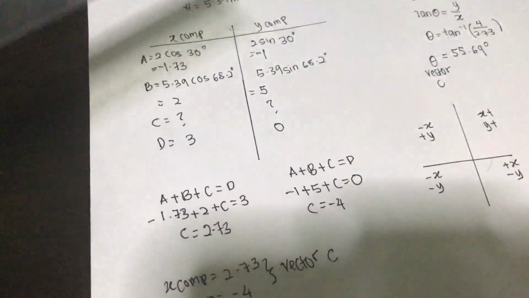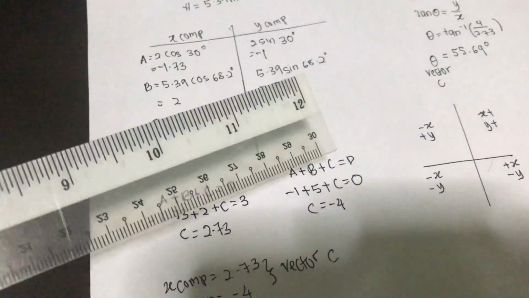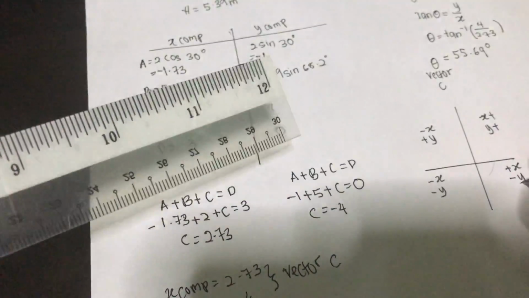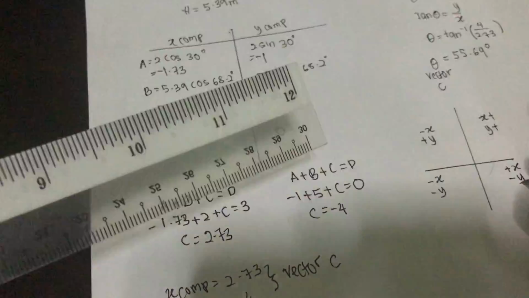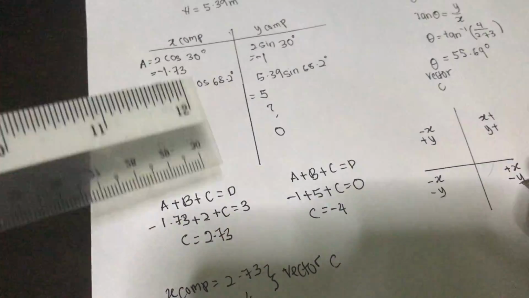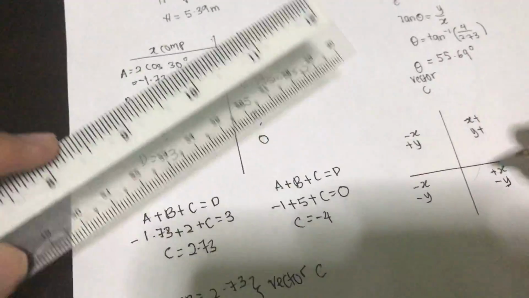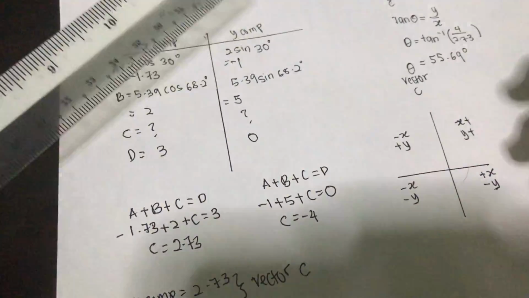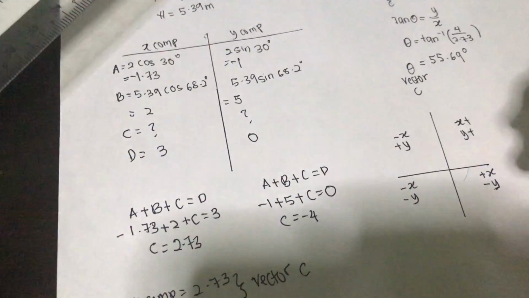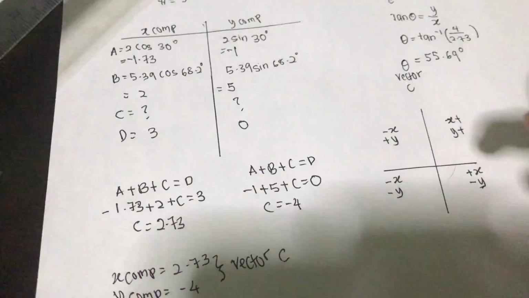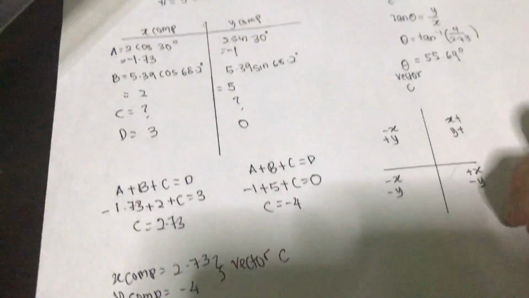So vector C is put in the fourth quadrant.